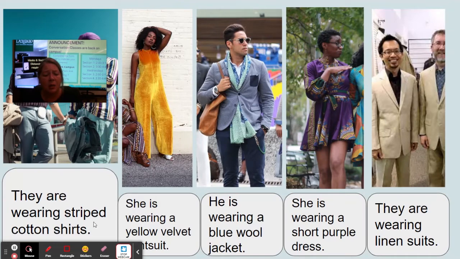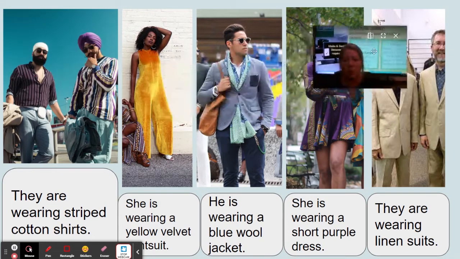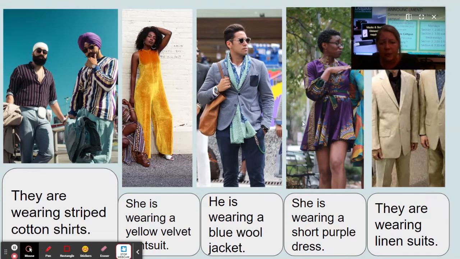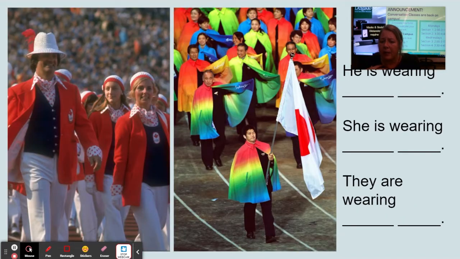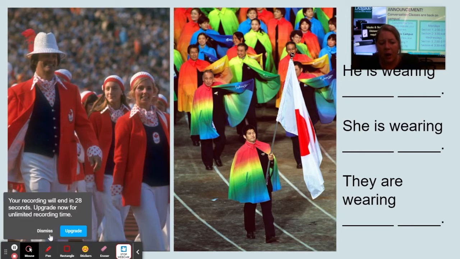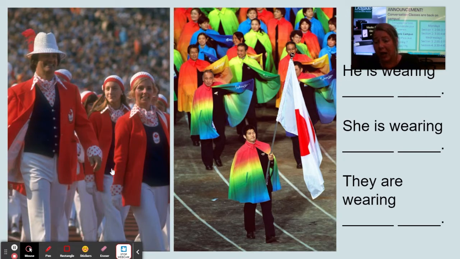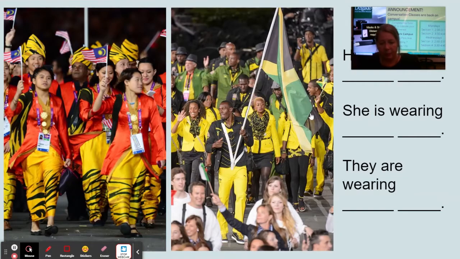And so then we have some examples here where we can look at what some different people are wearing, read those sentences over to yourself, and then apply the adjectives to the people in these photos. So we have them moved down here in some sentence frames for you, but we can also look at these pictures here. So they are wearing red jackets, right? Or we could look at the next one and we could say they are wearing yellow pants.